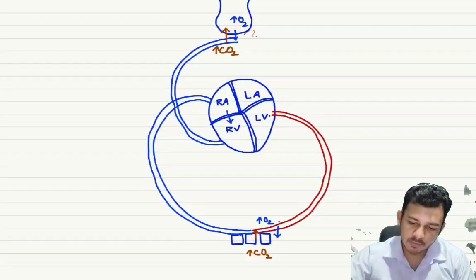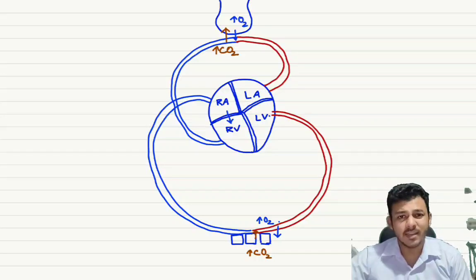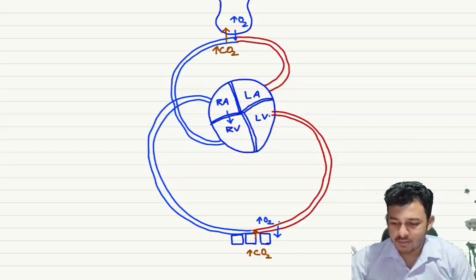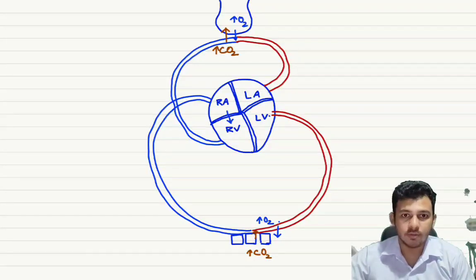As a result of that, blood would get oxygenated and that would come back to the left atria with the help of the pulmonary veins. This is basically, in a very minimalistic way, the double circulation that we also discussed when we were discussing the circulatory system.